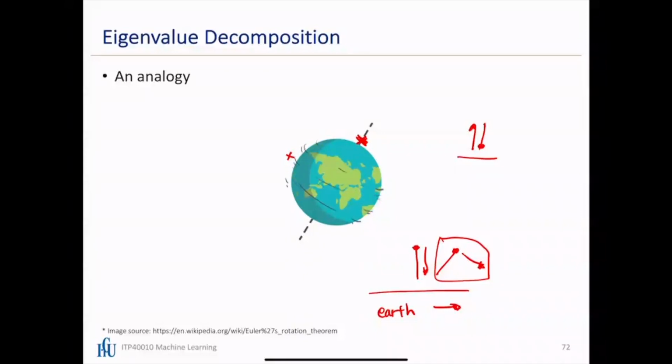In terms of eigenvalue decomposition, the rotation of the Earth can be understood as the transformation matrix, and you multiply this by your ball movement. We want to find this axis. Given a matrix, we want to find the axis that the transformation has. This is unique, and this is called an eigenvector.